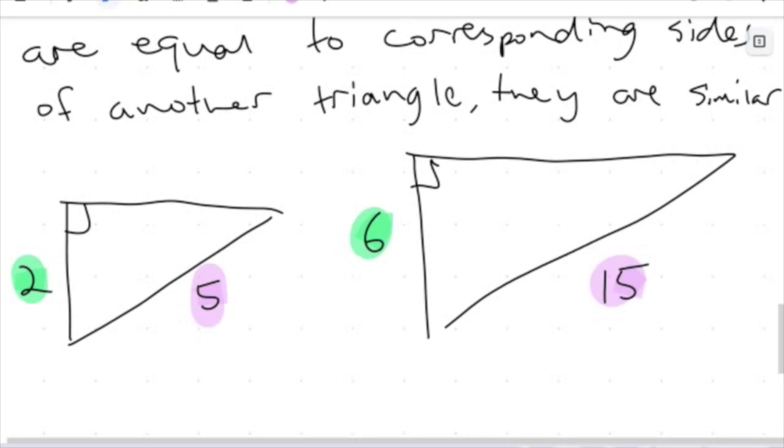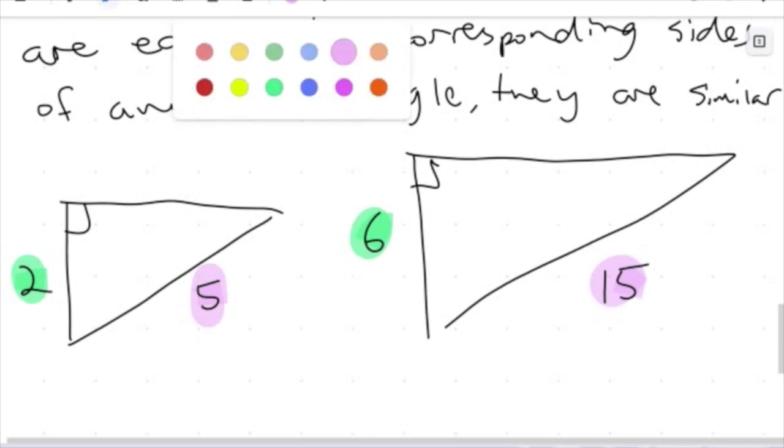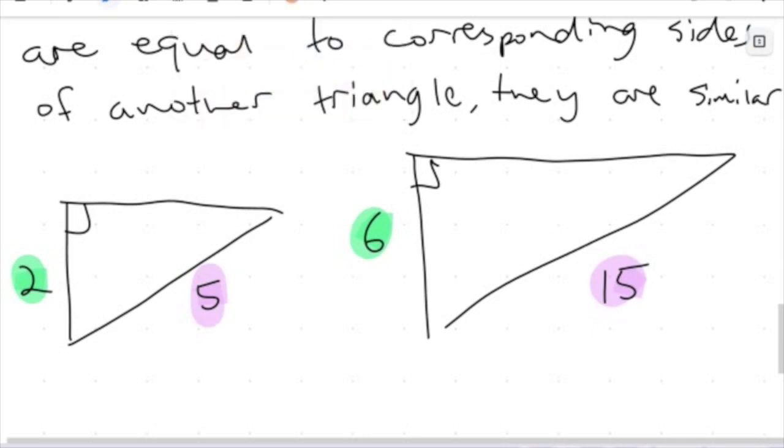Now, why do we only need two? Well, if we know two sides, we are going to know the third one as well. The third one is in proportion because all right-angled triangles follow Pythagoras' theorem. So knowing just two sides is enough to tell us about the third side.